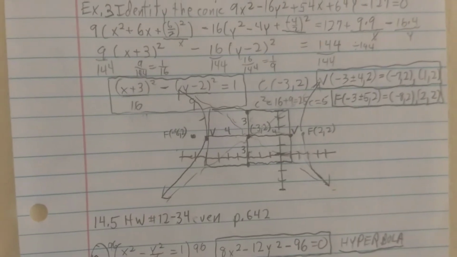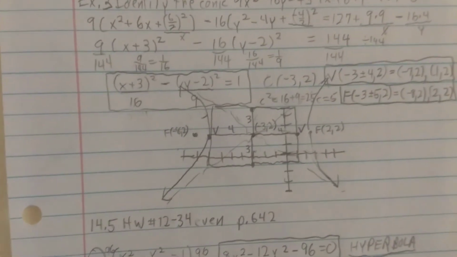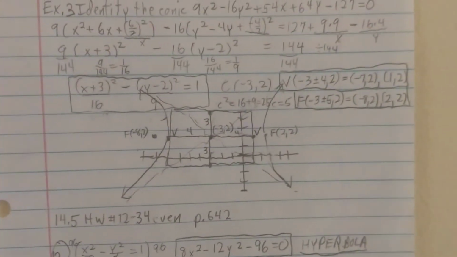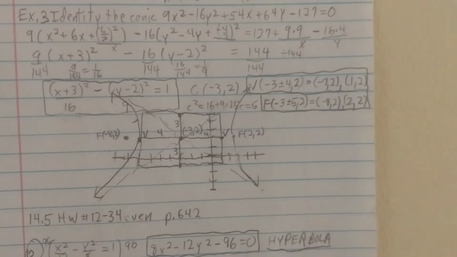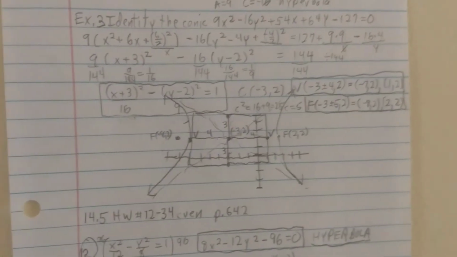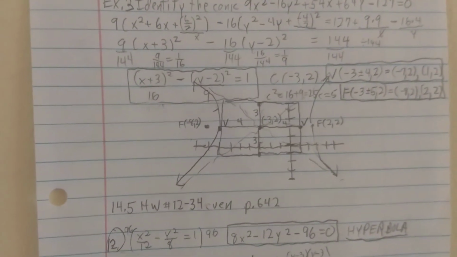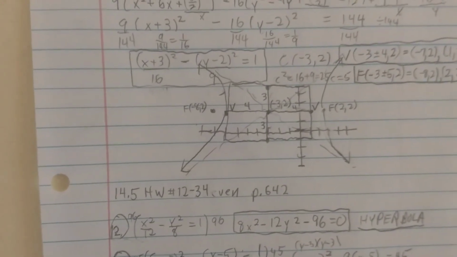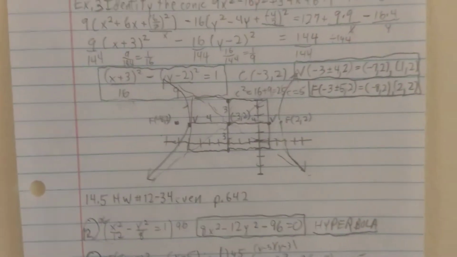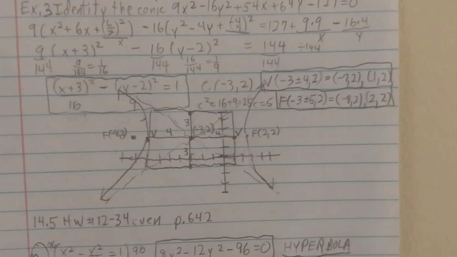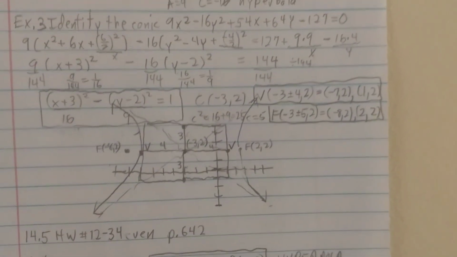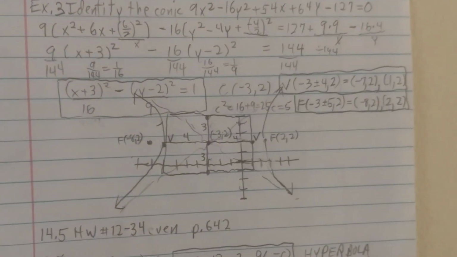But it's not just 4 because it's got the minus 16 in front of the parentheses. So it's minus 16 times 4, or minus 64 for the blank y. So completing the square there allowed us to put 9 times x plus 3 squared minus 16 times y minus 2 squared equals 127 plus 81 minus 64, and that comes out to 144.